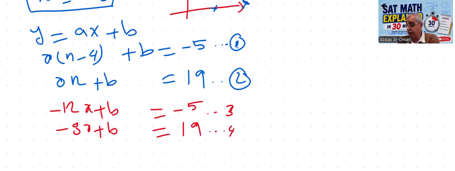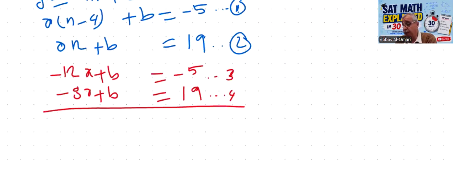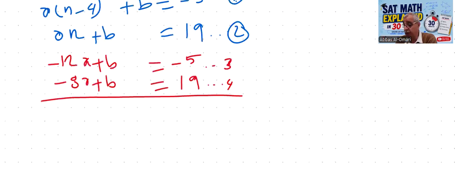So we want to determine a and b so that we can find out the equation of the line. Now, if we subtract equation 4 from equation 3, we can eliminate b.